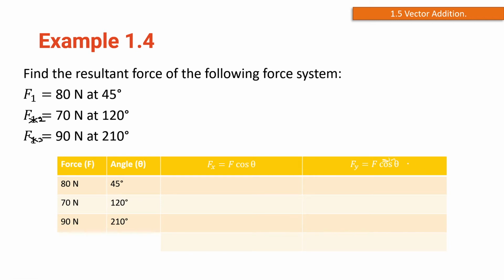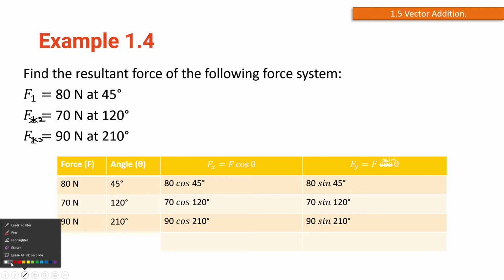So please stop the video here and try to calculate those numbers. I will be writing this here. Try to get the results for each of those cells in the table.